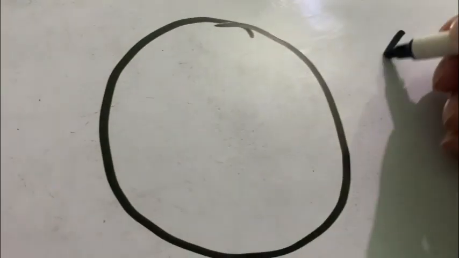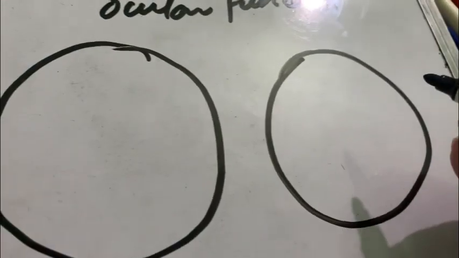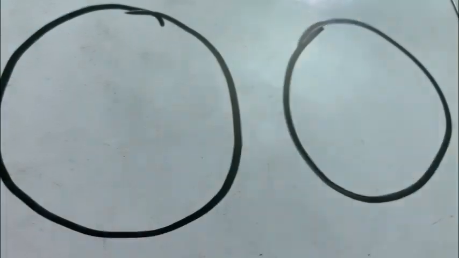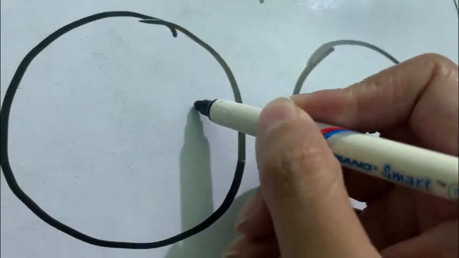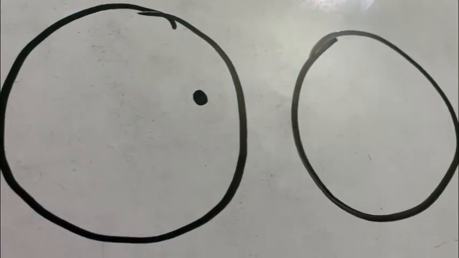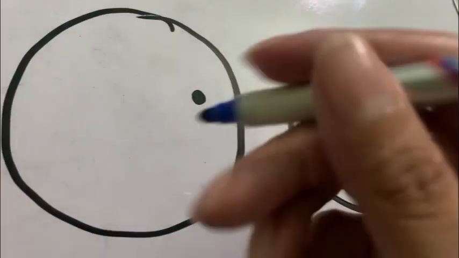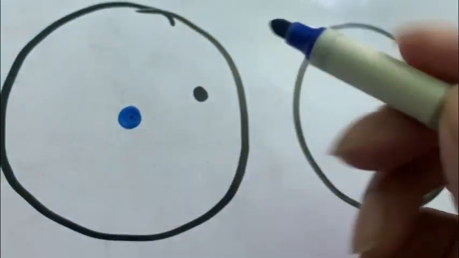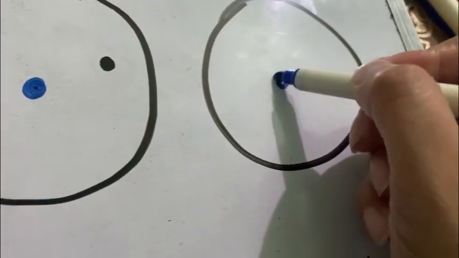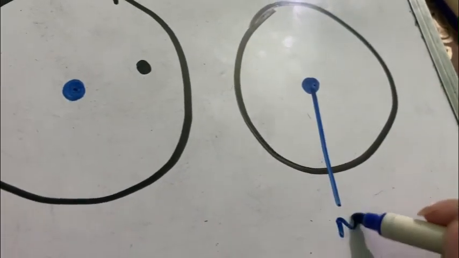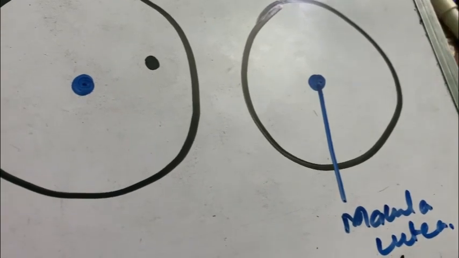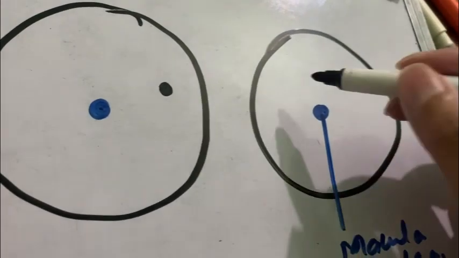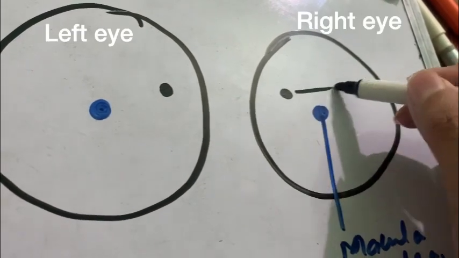The basic structures we see in the fundoscope are ocular fundus. So we know that the basic structures we see are optic disc. First of all, we will make macula lutea, which is the most central part of the fundus. Most central, this is macula lutea. And a little superior to it lies optic disc.